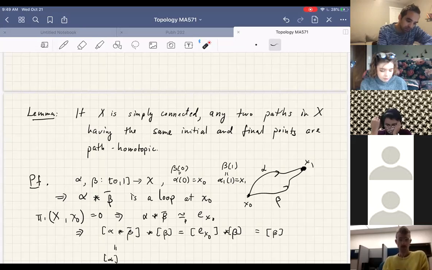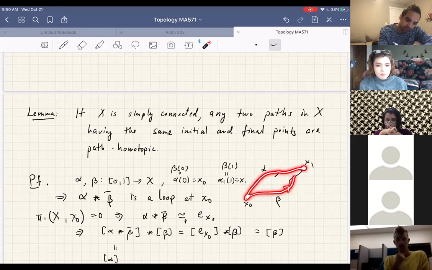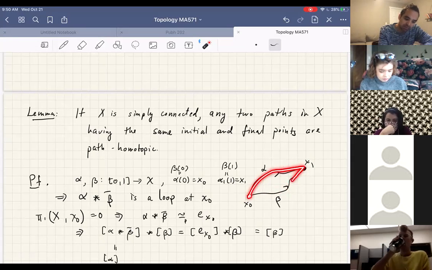So what's the proof? The idea is you look at two paths, let's say alpha and beta, that start and end at the same point. Then you consider the loop formed by these paths, namely alpha followed by the inverse of beta. That's a loop at x0, right?